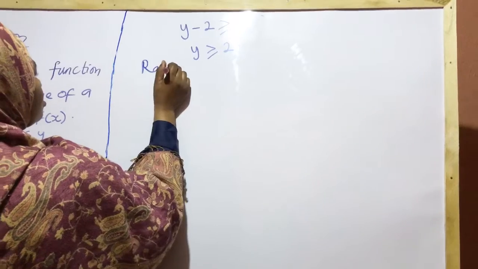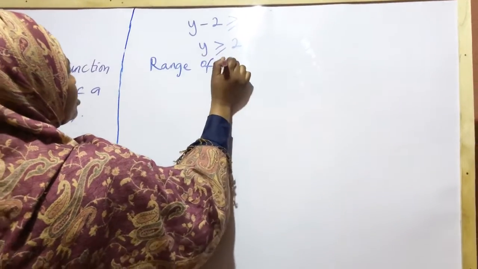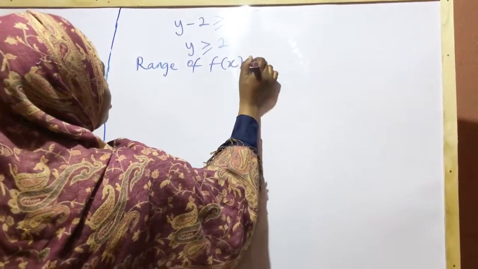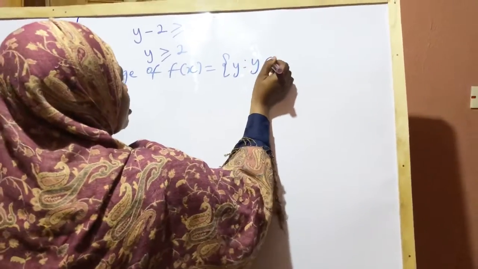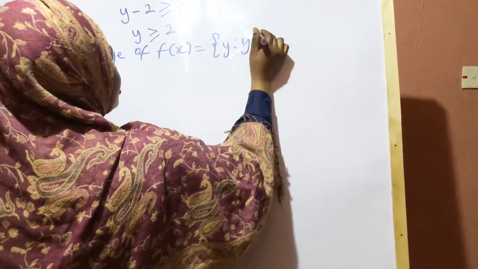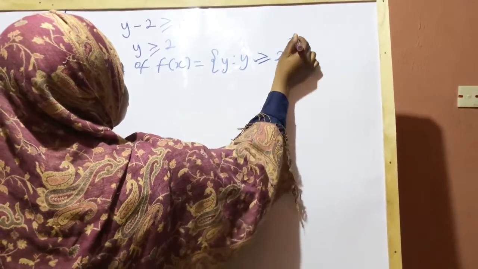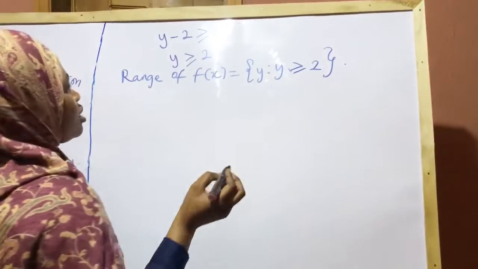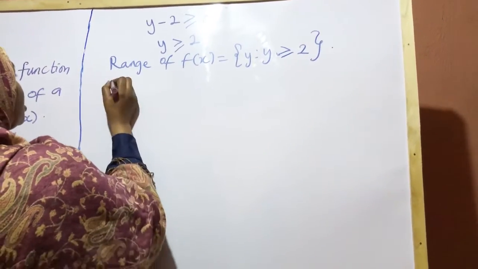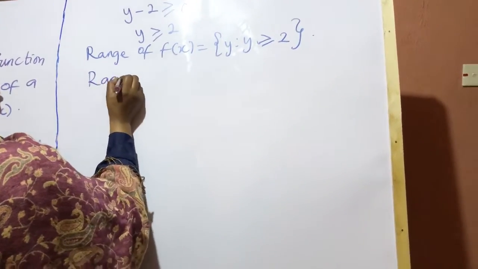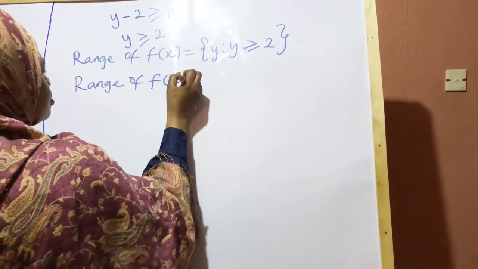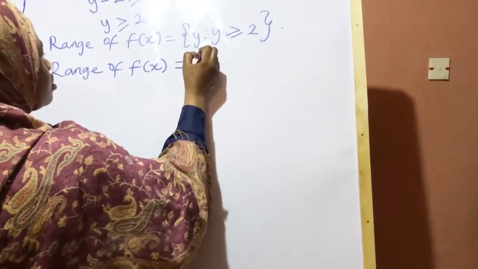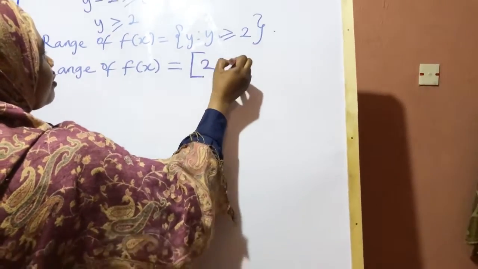Range of f of x will be y such that y is an element, or y is greater than or equal to 2. Or you say that range of f of x equal to [2, infinity).